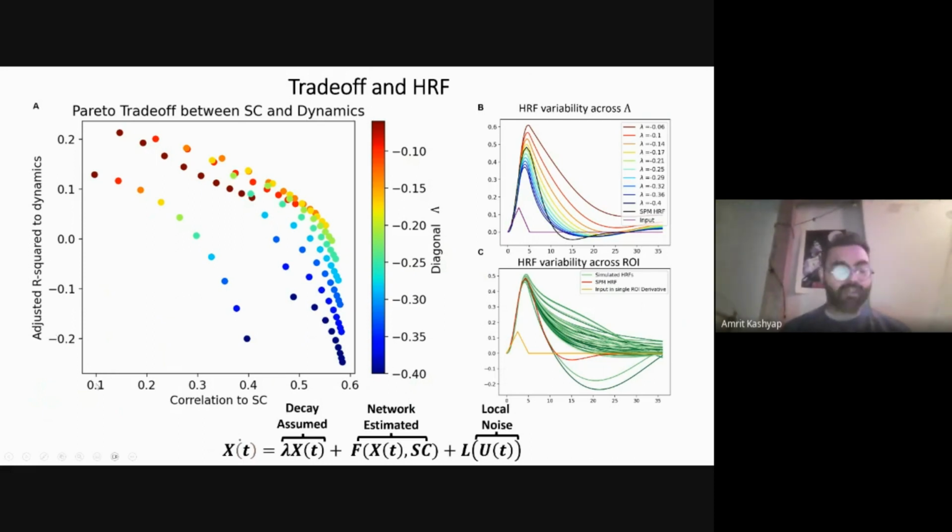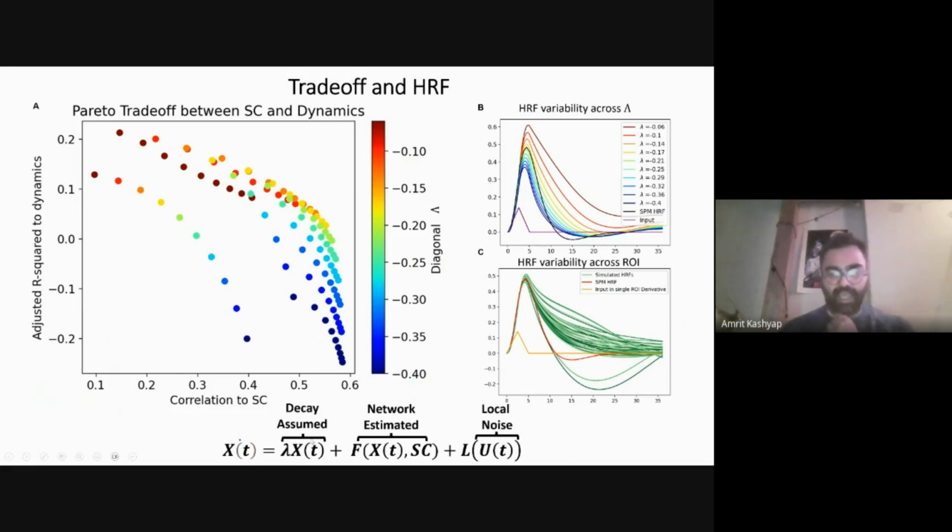And when we have a lot of coefficients, we can capture the dynamics very well, but then it looks less and less like a biologically possible model. So we wanted some trade-off here and to pick models that can do the best of both worlds.